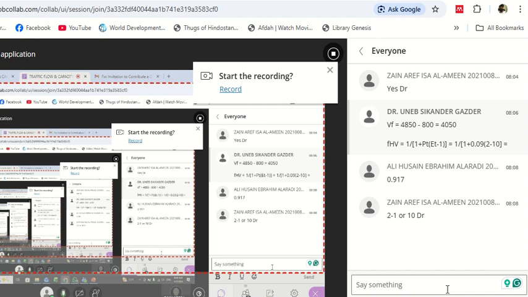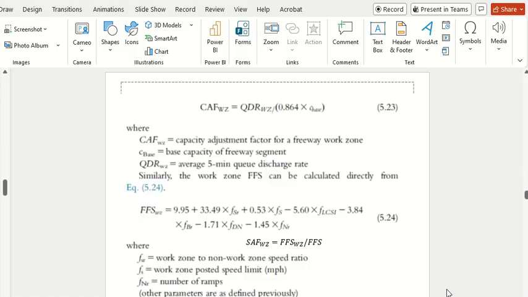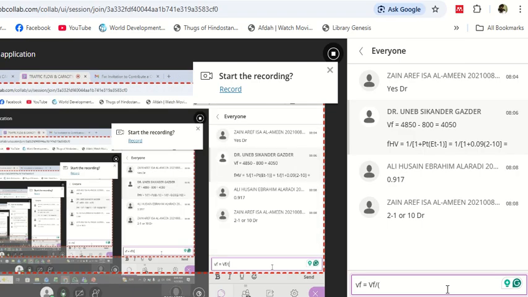Moving on, we will calculate the flow rate for the freeway and then for the ramp. Okay, so it will be volume of the freeway divided by peak hour factor. Okay, so the volume for the freeway was this much. Peak hour factor is given 0.93 and this one we calculated 0.92.